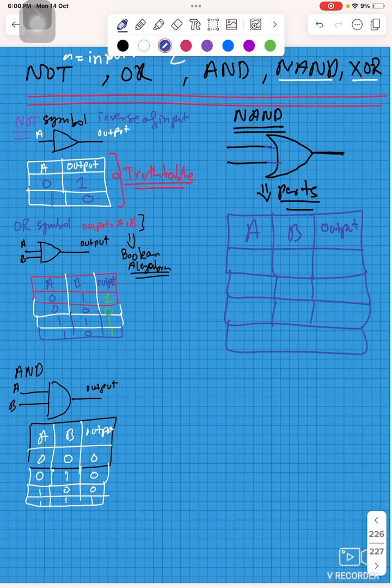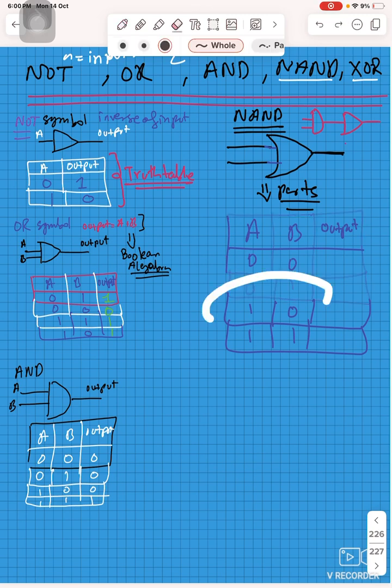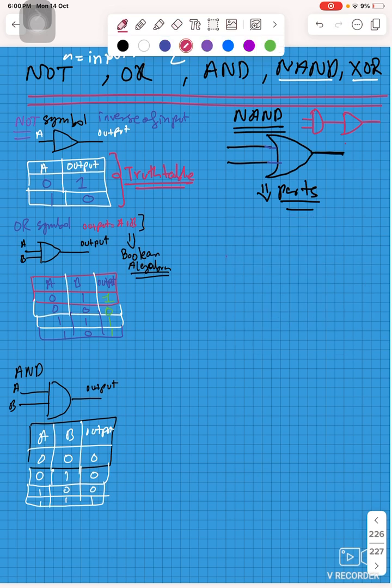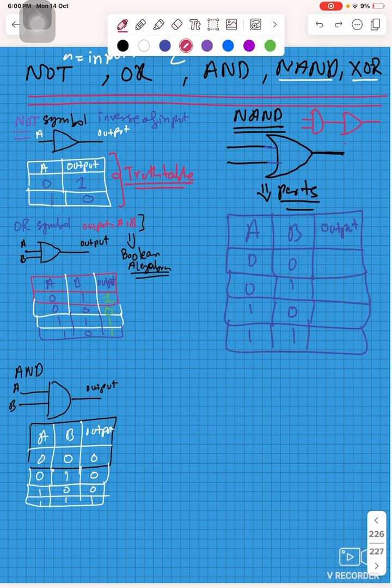Again, I'll make four rows: 0 0 1 1 and 0 1 0 1. For the NAND gate, first we do 0 0.